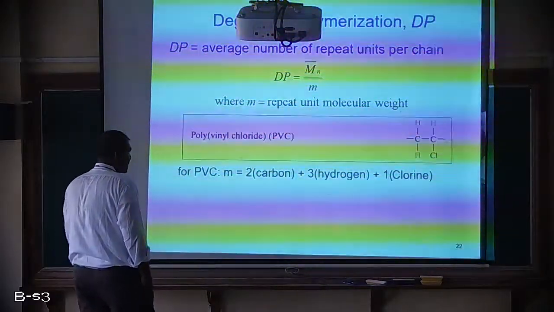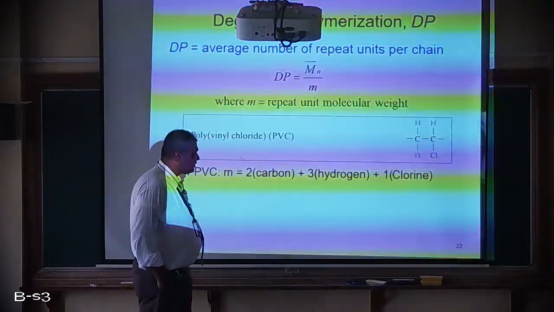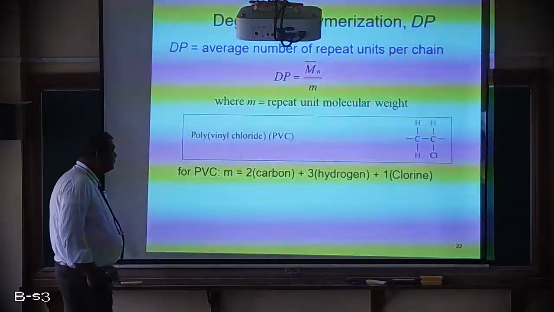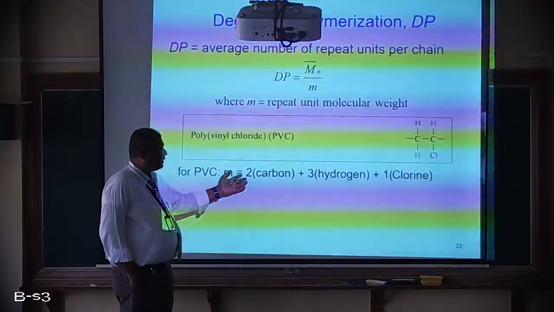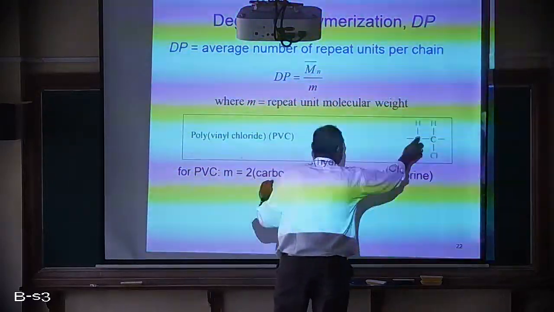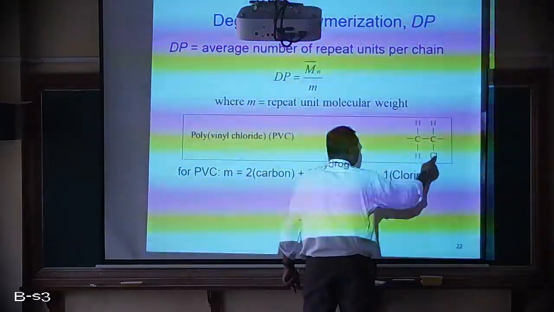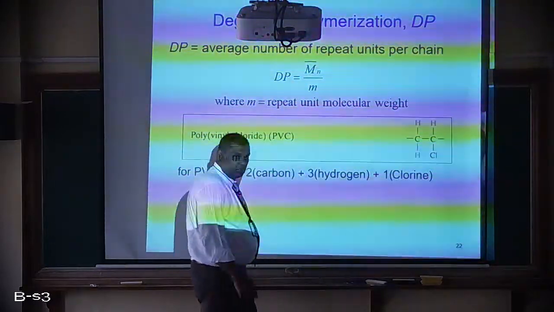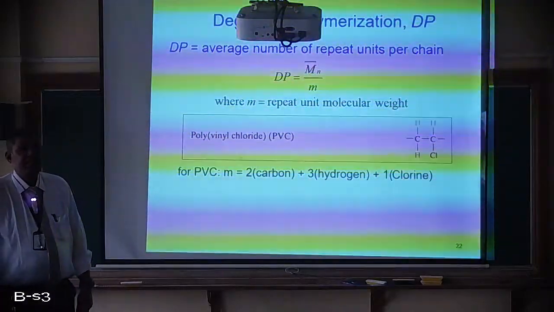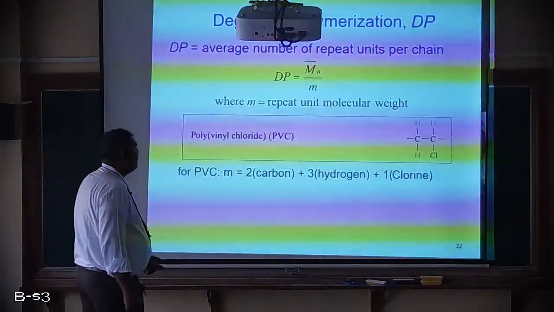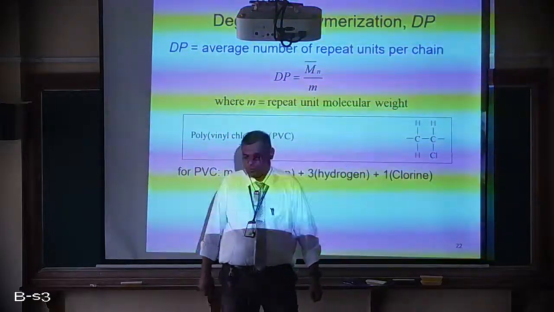This is for a simple example of PVC, that is polyvinyl chloride. So C2H3Cl. This molecule has two carbon atoms, three hydrogen atoms and one chlorine atom. So a PVC material has C2H3Cl. It means two carbon atoms, three hydrogen atoms and one chlorine atom.